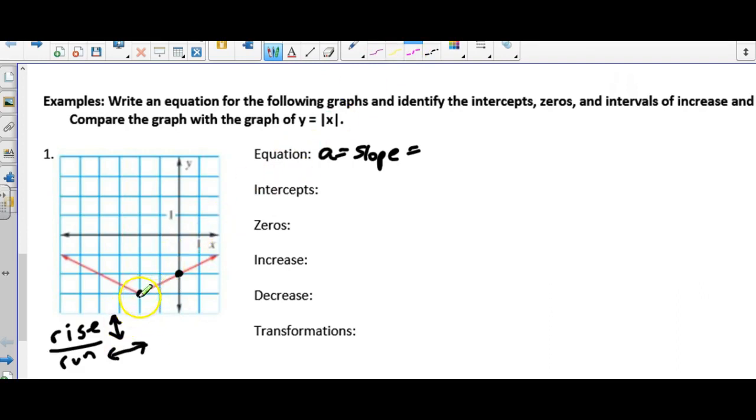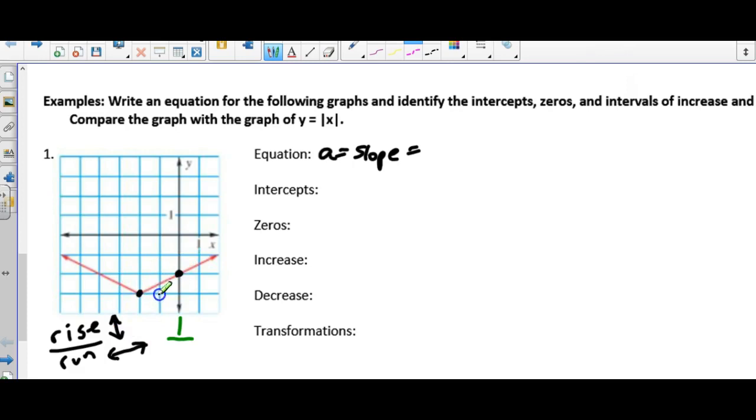For the rise, starting at the vertex, to get to this point, how far up do I need to go to get on that same line where this point is? Well, I went up 1. So in this case, the rise is 1. Now my run is how far over left or right do I need to go to get to this point?